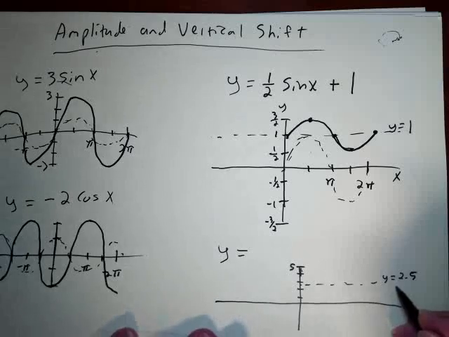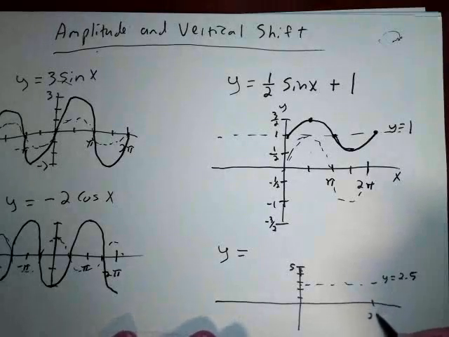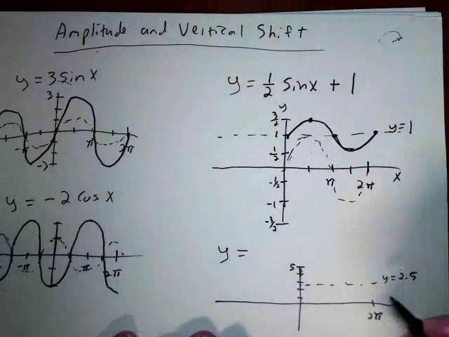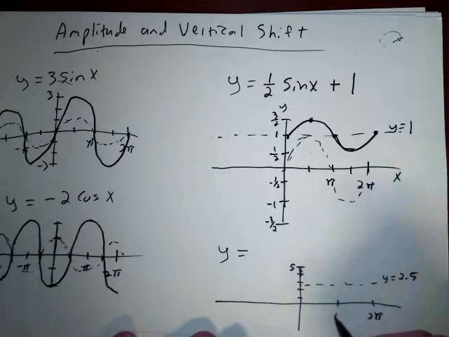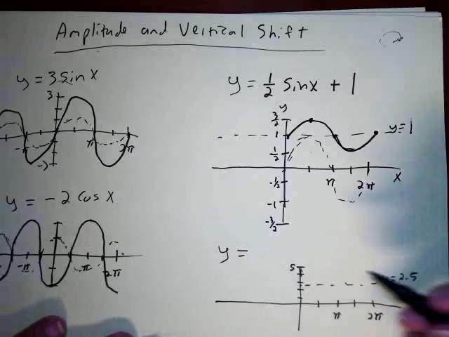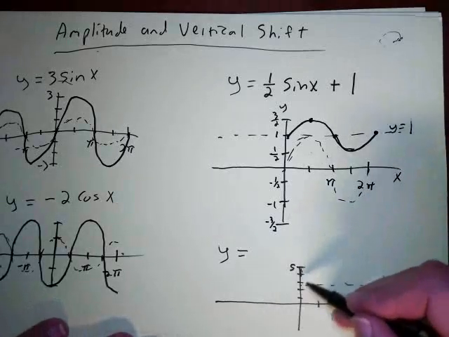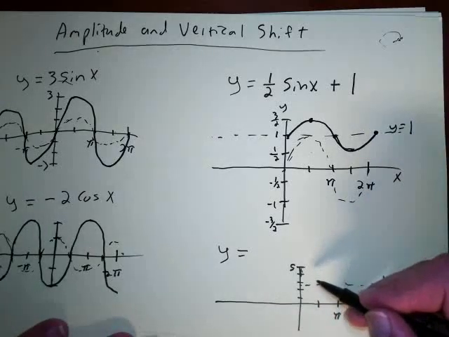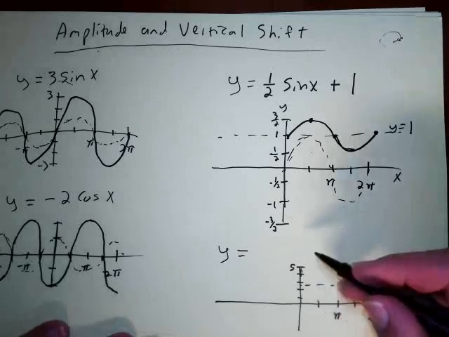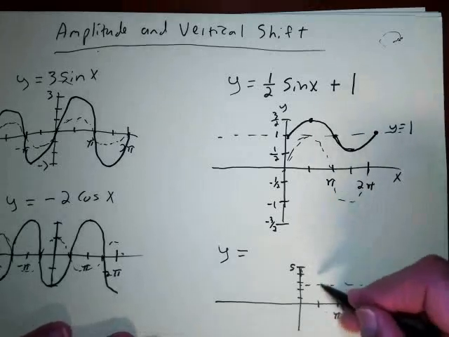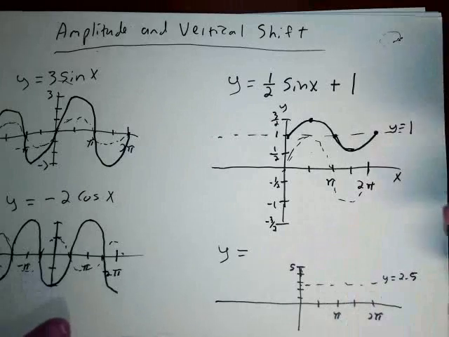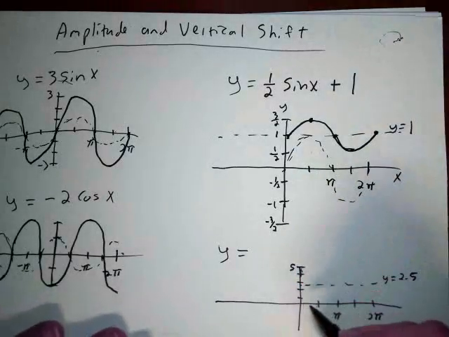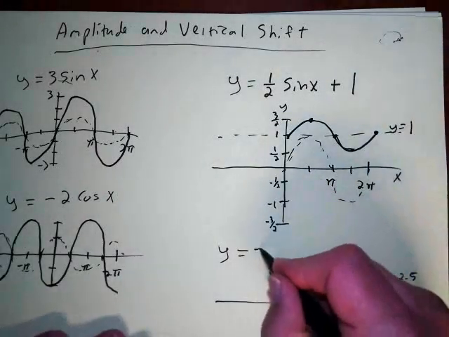And we'll say this is like 2 pi. We'll say this is pi, and then this is pi over 2, 3 pi over 2. And now the amplitude, we want it to go up to 5, down to 0. So the amplitude from here to each of these is going to be 2.5. Okay? And then I'm going to use cosine, and I'm going to have it be negative.